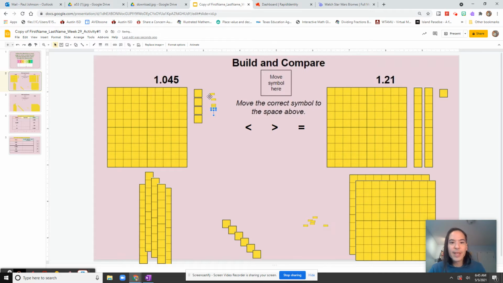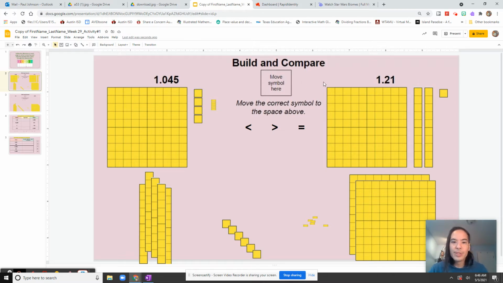All right, so there's 5 thousandths. 10 of those together should equal the same as 1/100th. It might not look like that with this exercise, but that's what it's supposed to be. Okay, so I can't get that in the right place. There we go. There's 5. Okay, so 1 whole, 0/10ths, none of those, 4/100ths, and 5 thousandths.